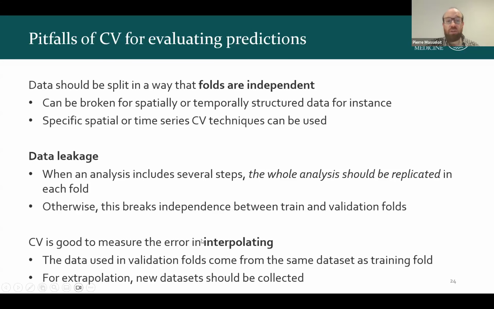And finally, cross-validation is also a good way to measure the error in, let's say, interpolating, in the sense that you need all your data to be a good representation of the observations that can come later.